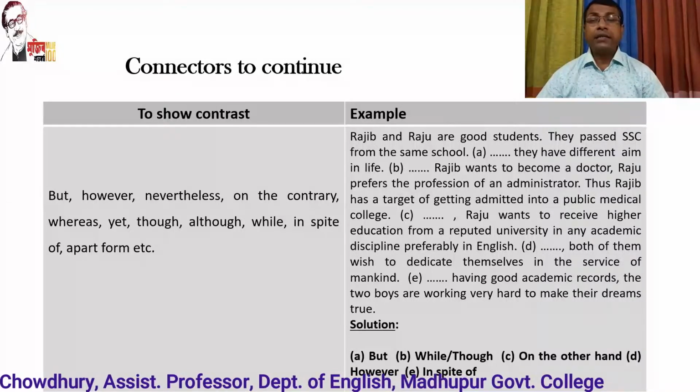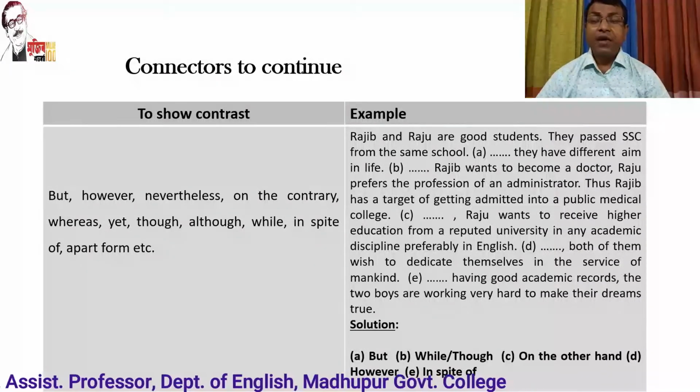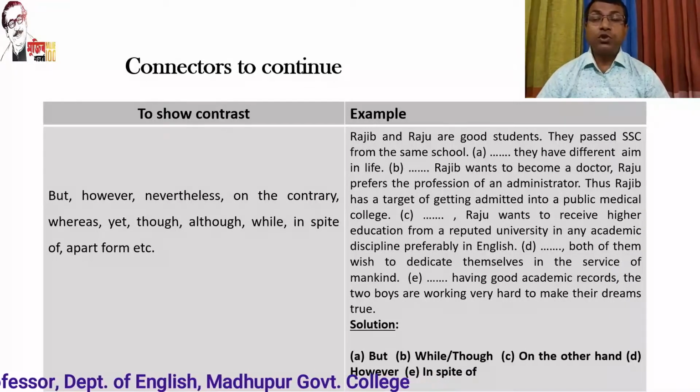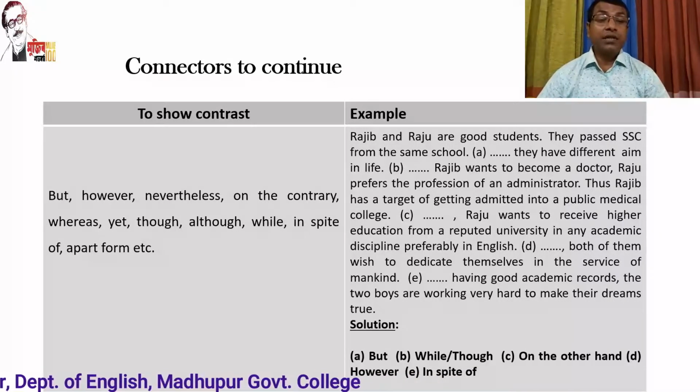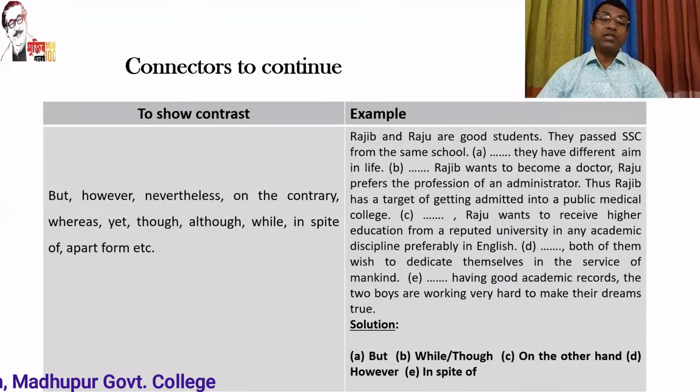And I think, dear students, you can see how we use connectors to show contrast in the passage, and I have also discussed the connectors to show sequence or list.